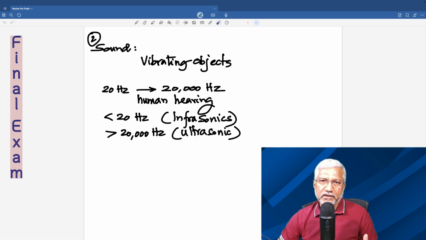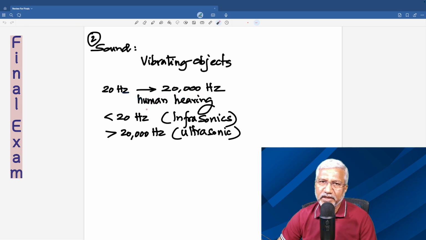All right. Number 2, we know sound is produced by vibrating objects, but we can't hear all vibrations. We cannot hear anything less than 20 hertz, neither can we hear anything more than 20,000 hertz. So the human hearing is between 20 hertz and 20,000 hertz.